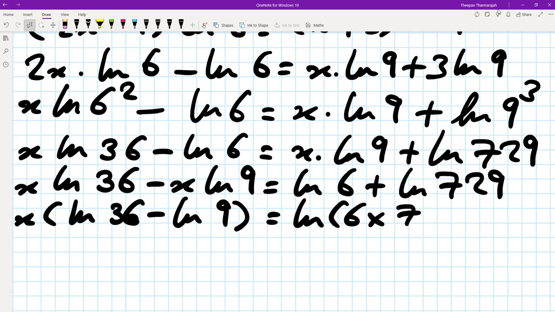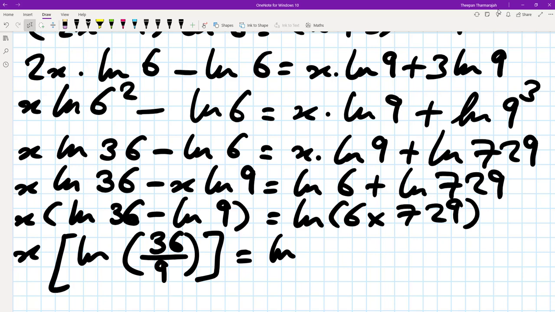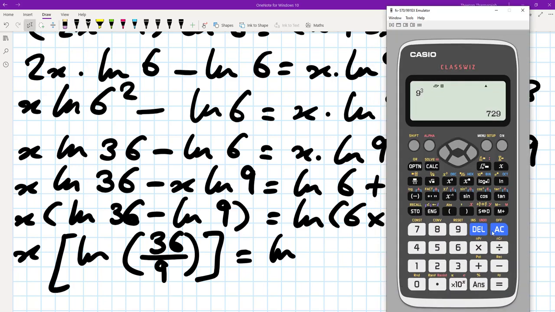So I can also simplify using the laws of logs here. So that's ln of 36 over 9 equals ln of 6 times 729, which is 4374.